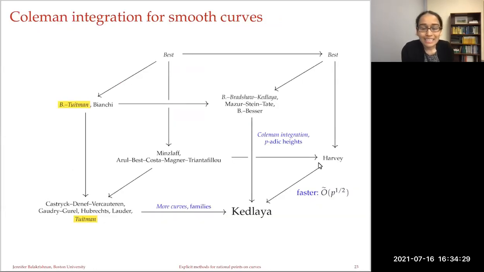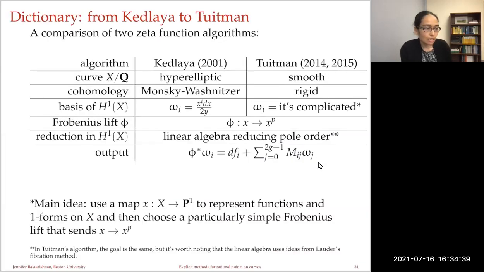So then extending this to smooth curves, this requires some of the work of Tuitman, extending these p-adic point counting algorithms. And so in one quick slide, I thought I'd just give you a dictionary between the work of Kedlaya and going to Tuitman's work.